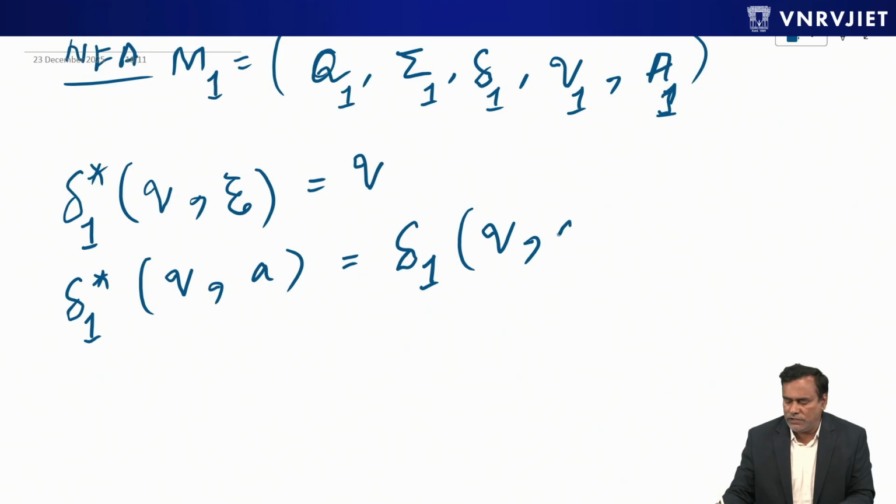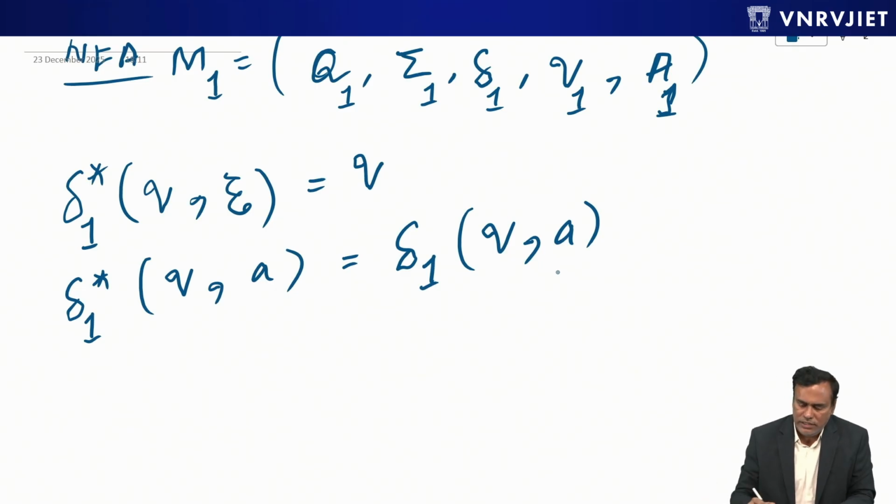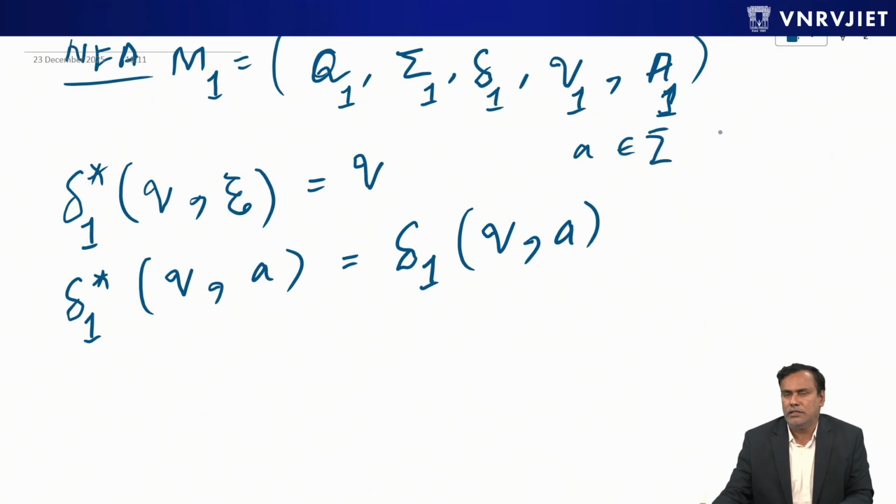In one of the previous videos, I clearly discussed the difference between delta and delta star. We use delta star for the current input symbol for which you have to find the transition function. In a similar fashion, for A belongs to sigma and X belongs to sigma star.